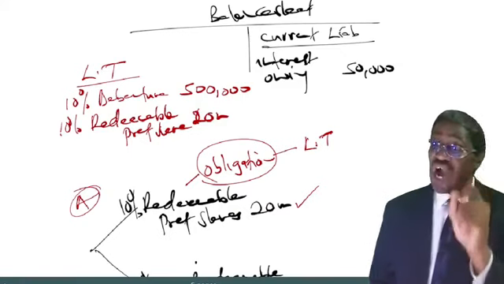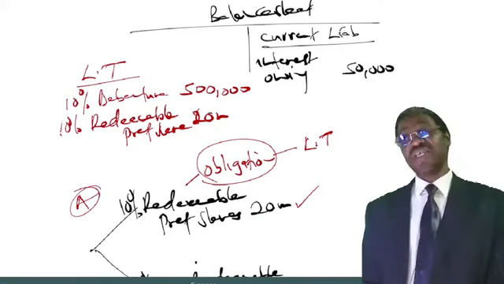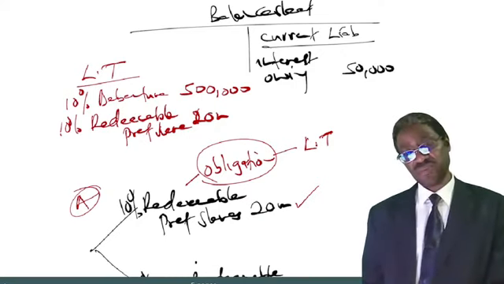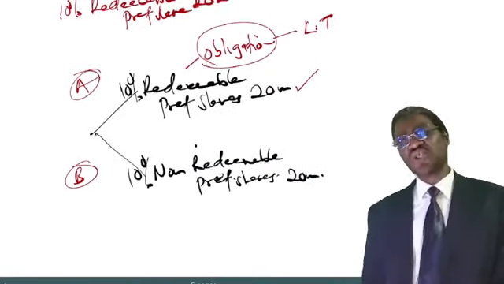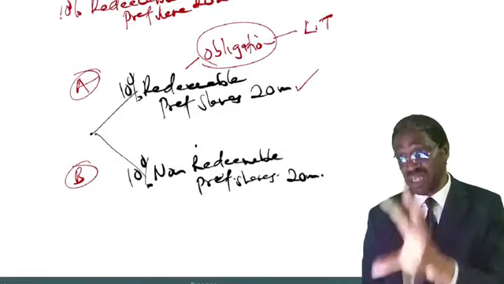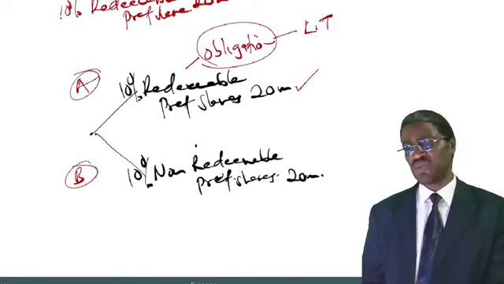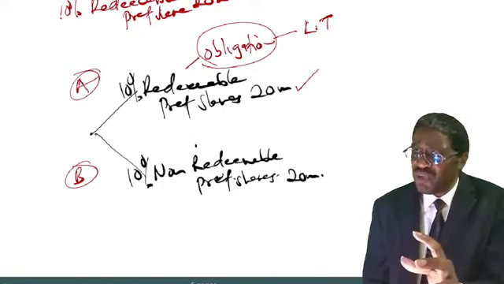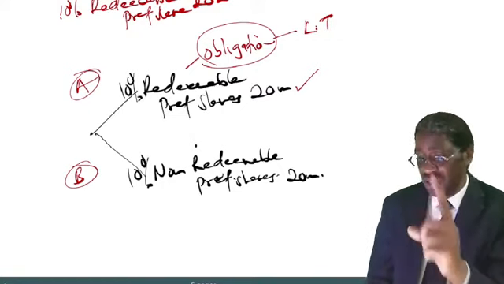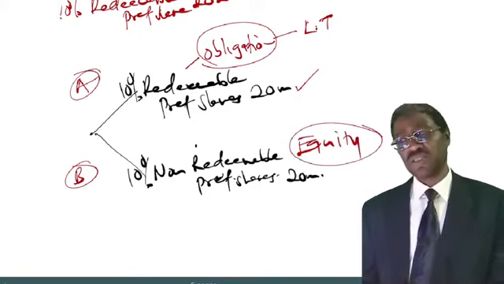For the other company B, when they issued the 10% non-redeemable preference shares, they did not have an obligation to pay back. So they don't take their preference shares to the balance sheet as a liability. Instead, they take it as a component of equity.